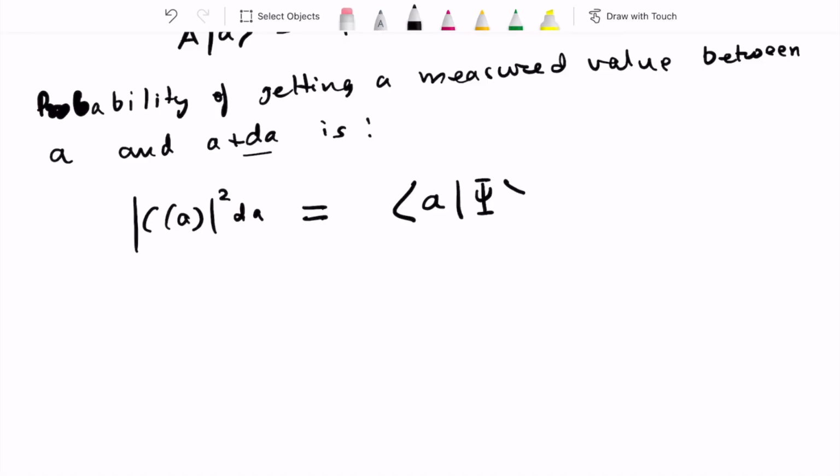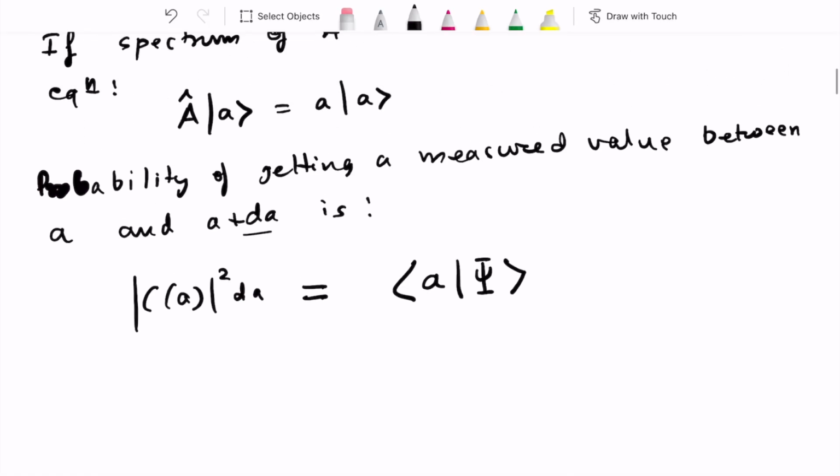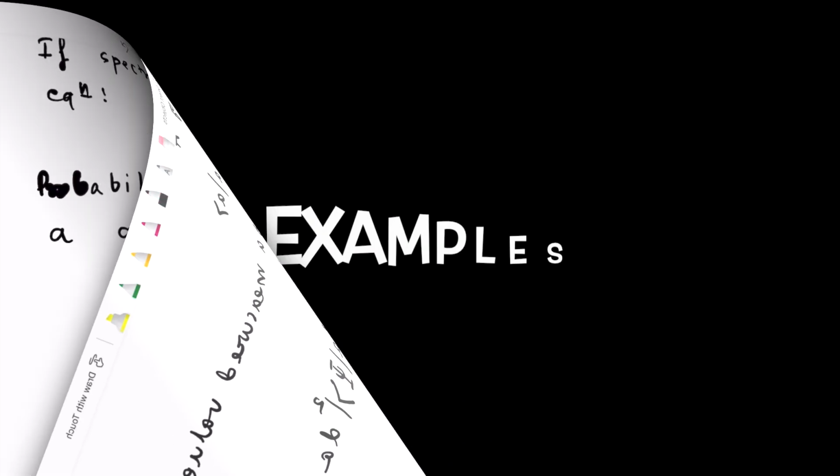So when you make the measurement of the operator A on the state, the system will collapse into the eigenstate A, and the probability of measuring an eigenvalue between A and A plus dA is this thing squared, dA. So that is the general statistical interpretation.